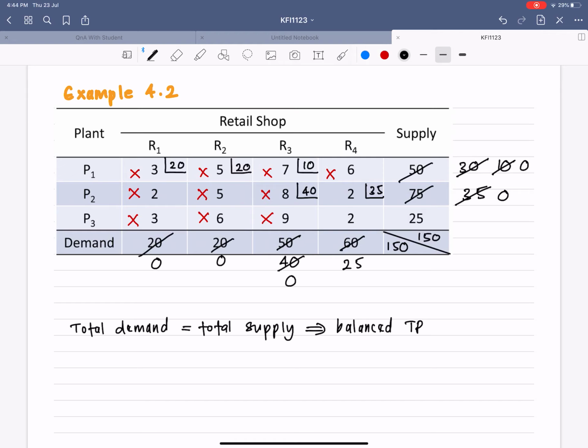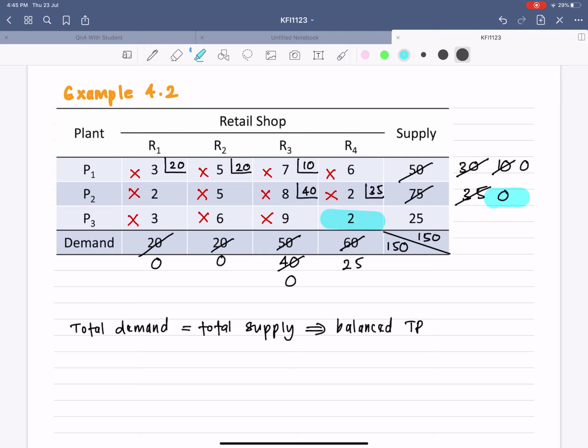Now we already have 0 for the second row, therefore we will cancel out cells in the second row. So the remaining cell is only this one.